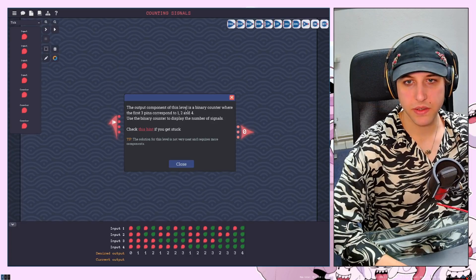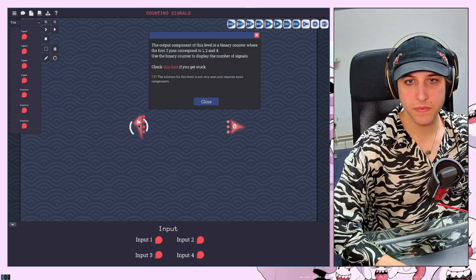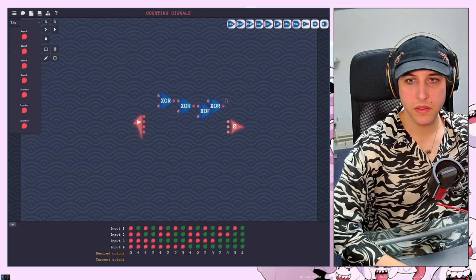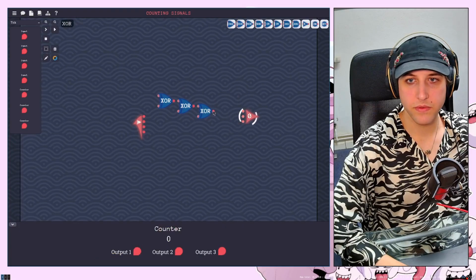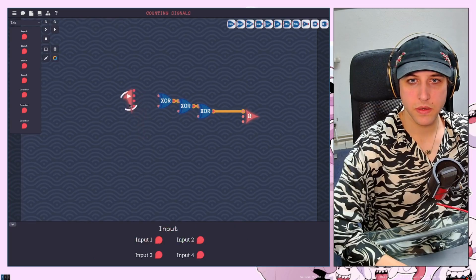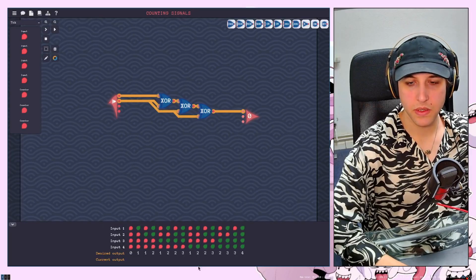Yeah. The first 3 pins correspond to 1, 2, and 4. See? First things first. We use the XOR chain to determine if 1 has to light up.